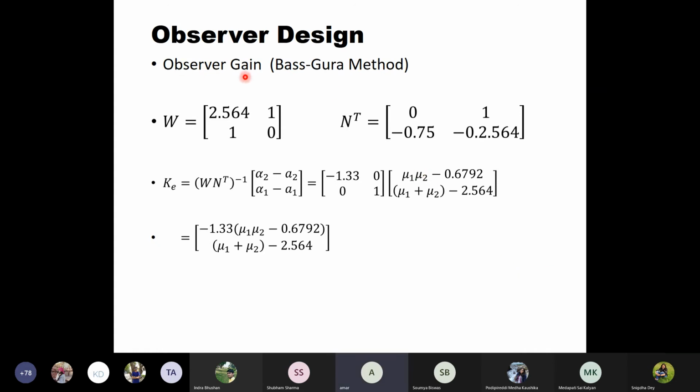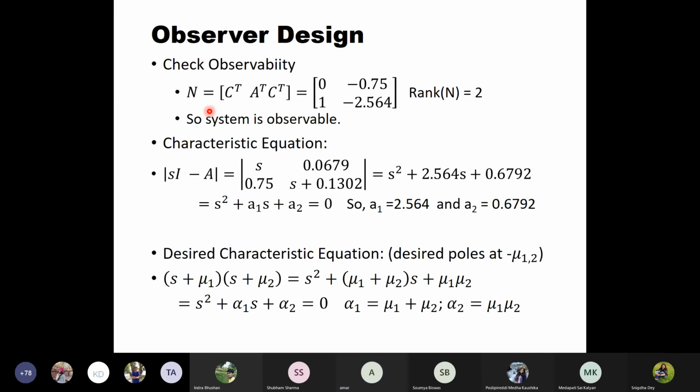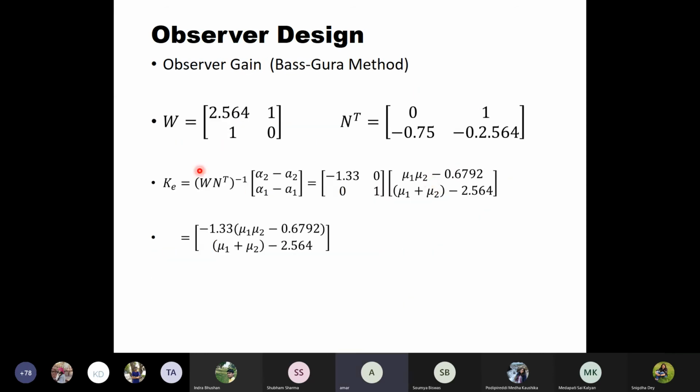Now if I use the Bass-Gura method, the W will be n minus 1, that means a1. a1 is 2.564, so W is this matrix with a1, 1, 1 and 0, and N transpose will be this. And from here I find out the Ke from this expression: W N transpose inverse times alpha 2 minus a2, alpha 1 minus a1.